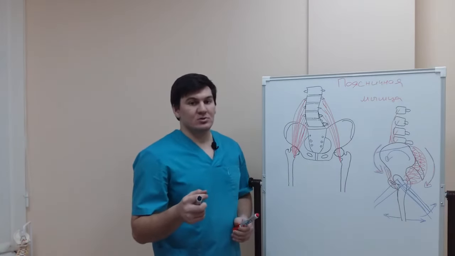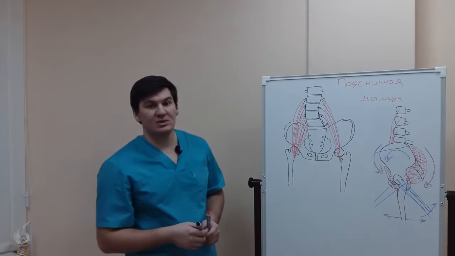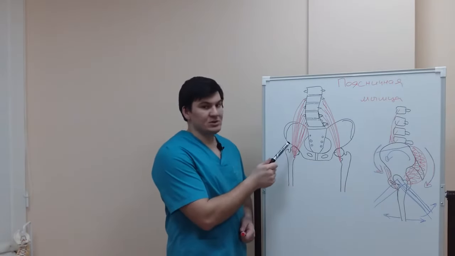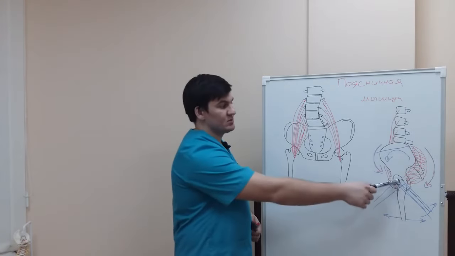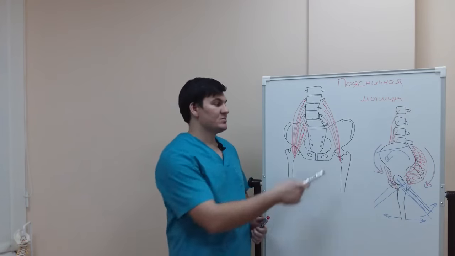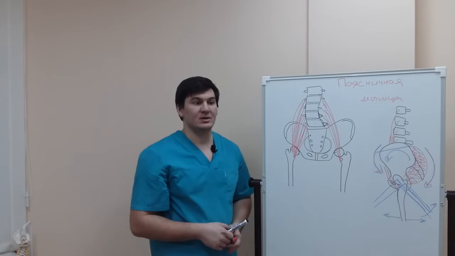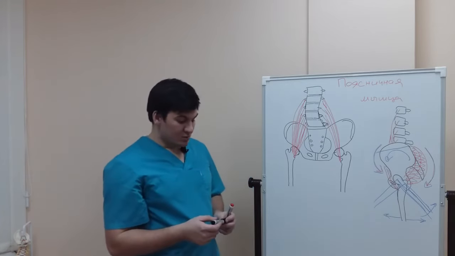Another disorder that may be associated with the psoas muscle is the pinching of the sciatic nerve. When hypertrophy occurs for some reason in the psoas muscle, it can either be a weakness of the gluteal muscle, when the psoas muscle will increase as its antagonist, or a weakness of the lumbar muscle on the opposite side, or simply a person incorrectly does the exercise on the press, when instead of the abdominal muscles, the psoas muscles work, and it increases in volume.